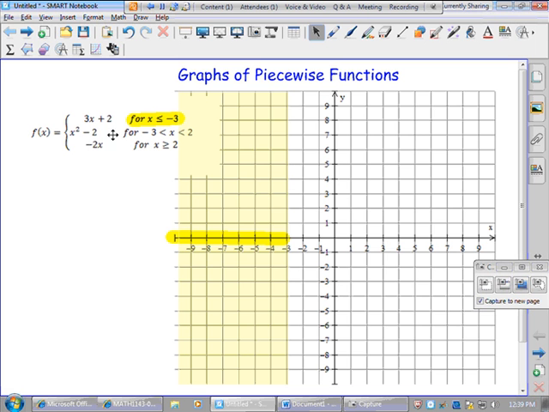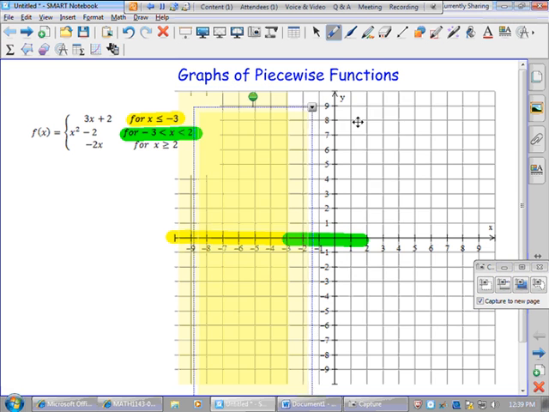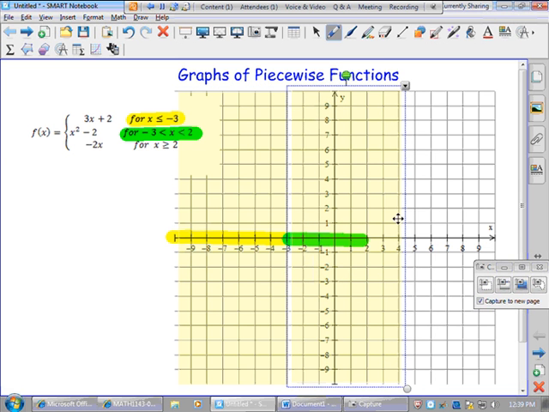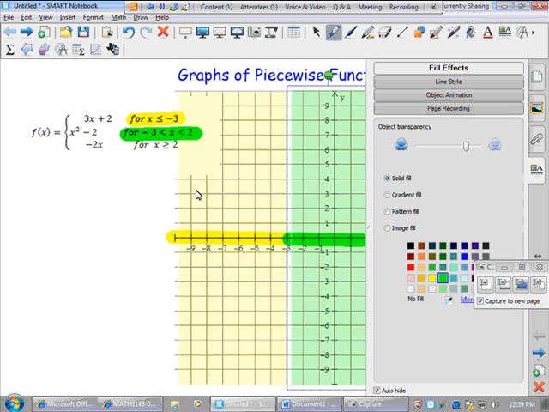And now another region that we have would be in between the -3 and 2, so that's for x values in that region. And I'll change the color of this so that it looks the same.